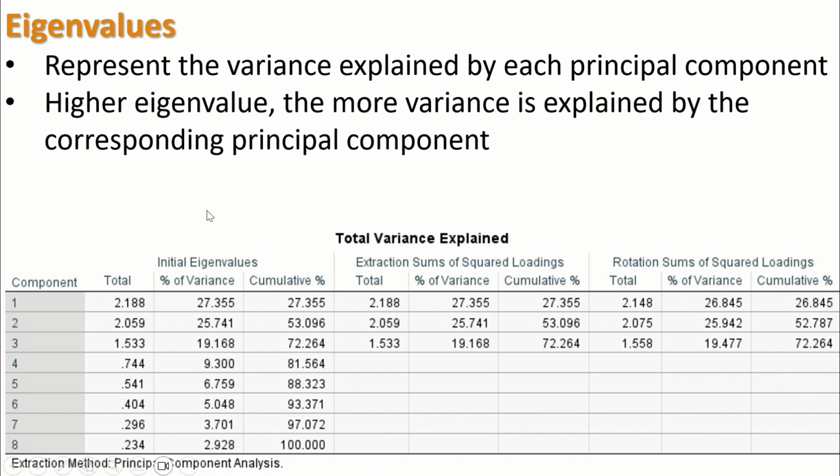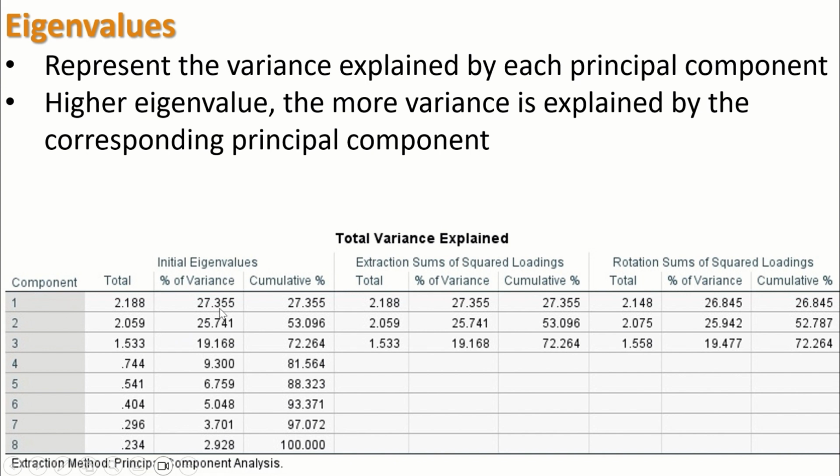Here is a table extracted from a PCA analysis, showing the total variance explained. There are 8 items, as shown in the section here, extraction method: principal component analysis, and those items have been grouped into 3 major components, component 1, 2, and 3.